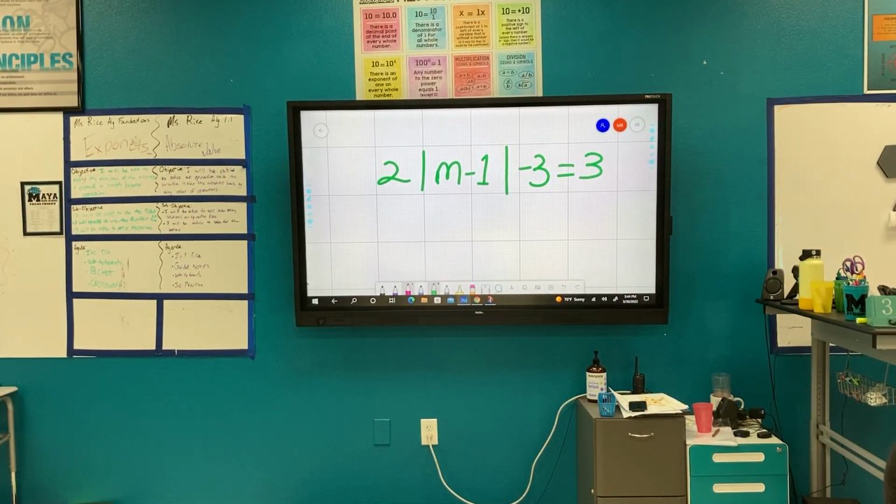So each of you can learn how to solve these. First and foremost, how do I get it by myself?